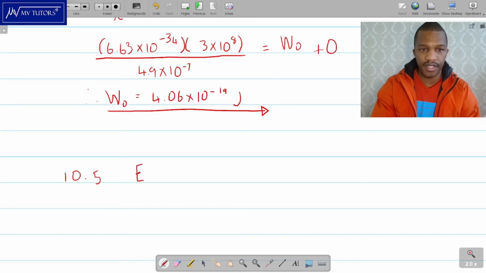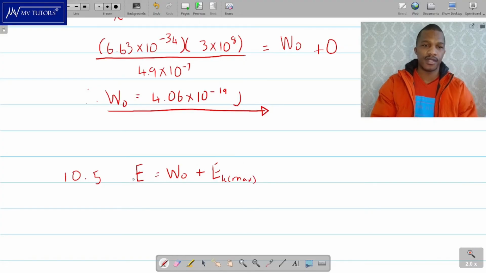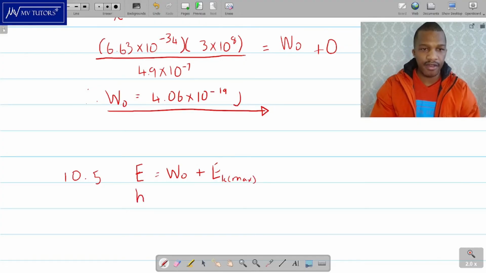So we have E is equals to WO plus E. This is what they want, the max. Okay, so E, remember we have E is equals to HC over the wavelength.